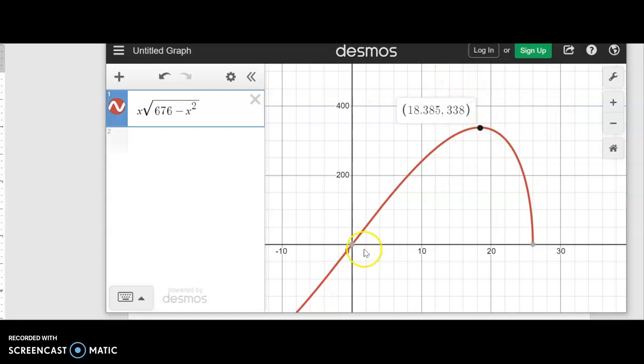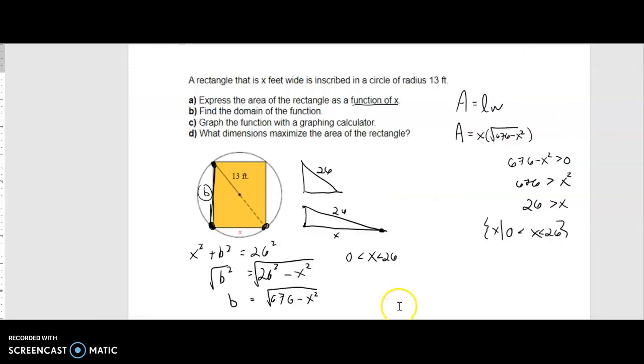So algebraically, if we wanted to solve that, it looks like my max area is 338, right? And then I could solve this equation to get the max, or I could try and use those operations on my graphing calculator to find what the input would be for the max area there.